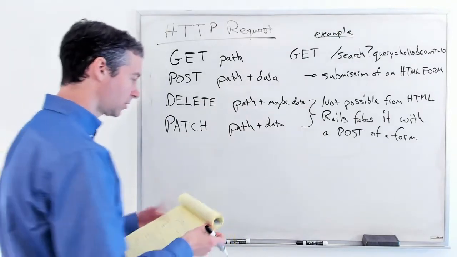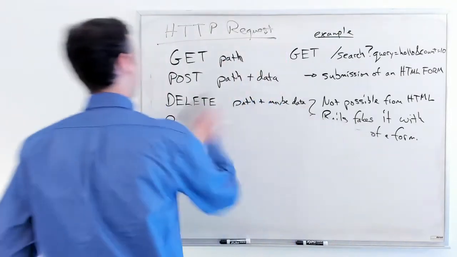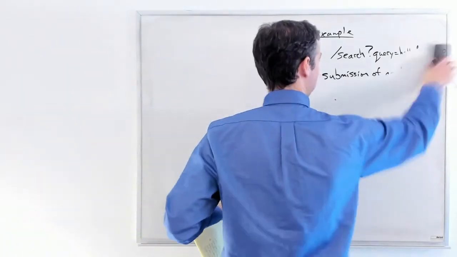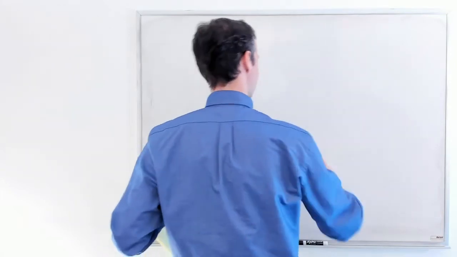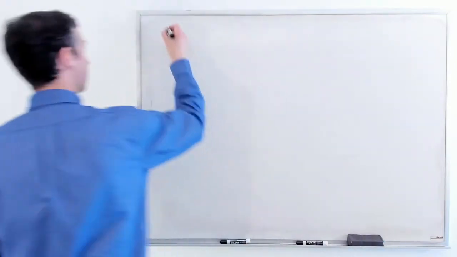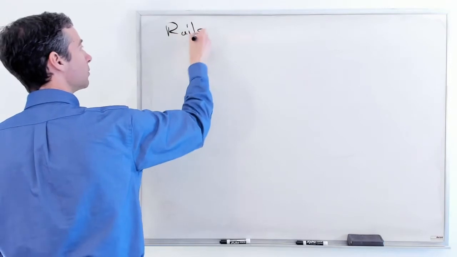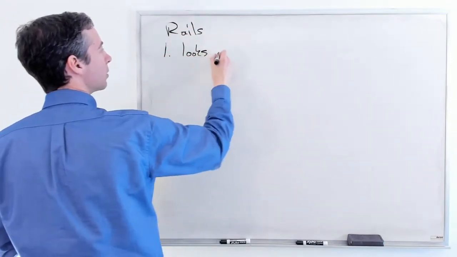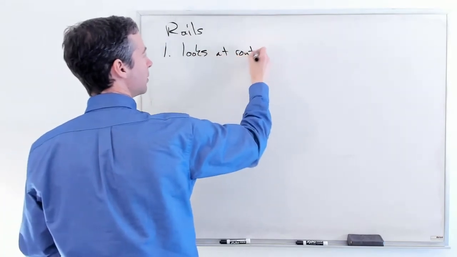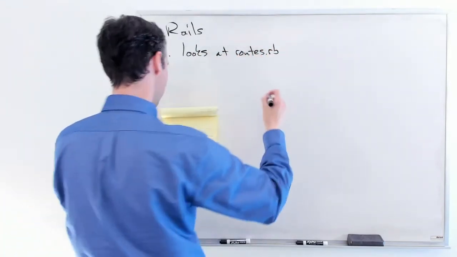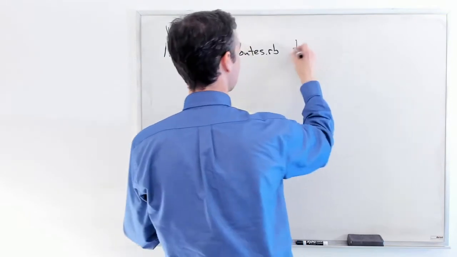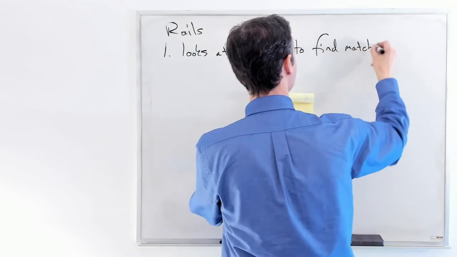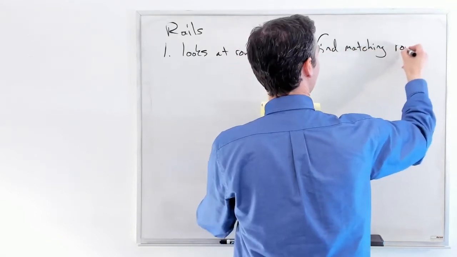And so what does Rails do with these things? Well, Rails gets one of these requests handed to it by Puma. And the first thing Rails does is say, I need to go and look at your routes. So basically it looks at the routes.rb file, and its goal is to find a matching, what we call a route.